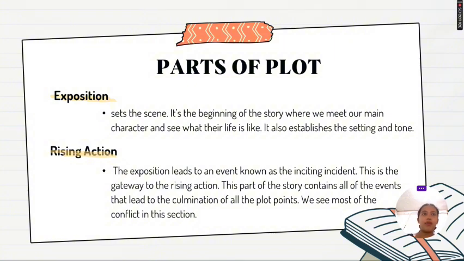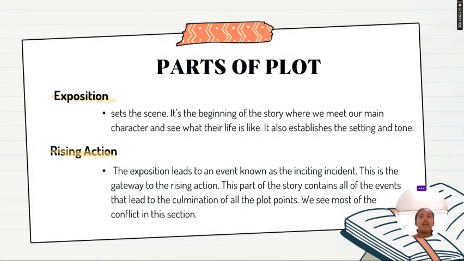Next, we have here the rising action. The exposition leads to an event known as the inciting incident. This is the gateway to the rising action. This part of the story contains all the events that lead to the culmination of all the plot points. We see most of the conflict in this section.